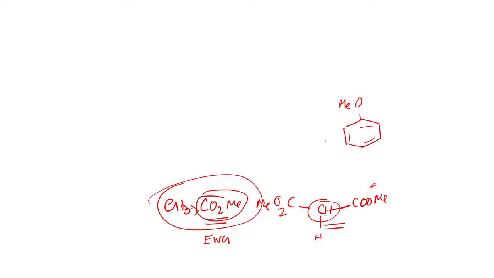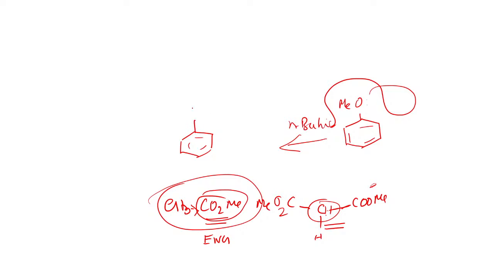When you react with n-butyl lithium, for example, the lone pair can now react and you will be able to have this intermediate, which can convert into the lithiated compound, and where you generate butane as the byproduct.